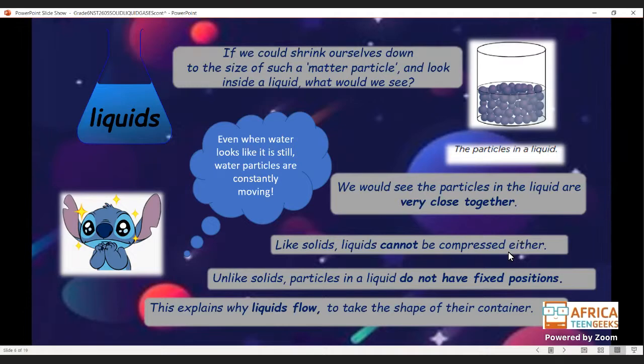They cannot be compressed like solids. They're always moving. They do not have a fixed position, but it still flows because they're constantly moving, and they can take the shape of the container, but they can only take the shape of however much volume it is.